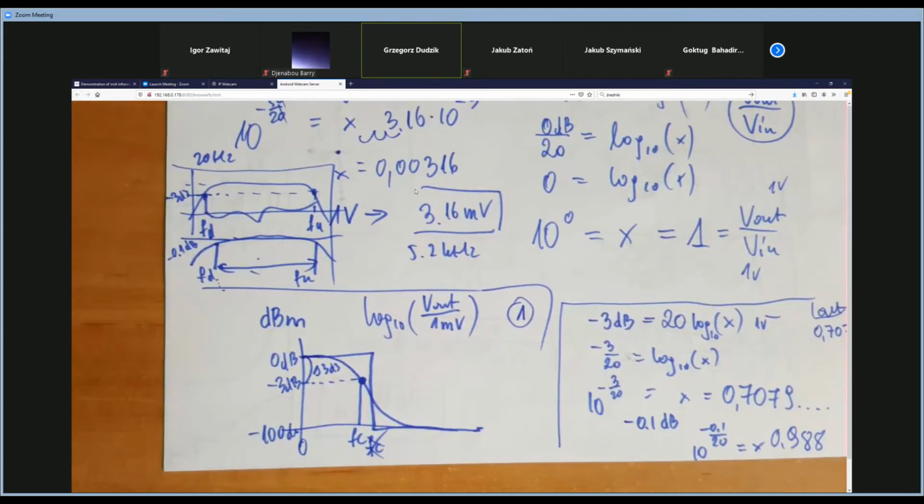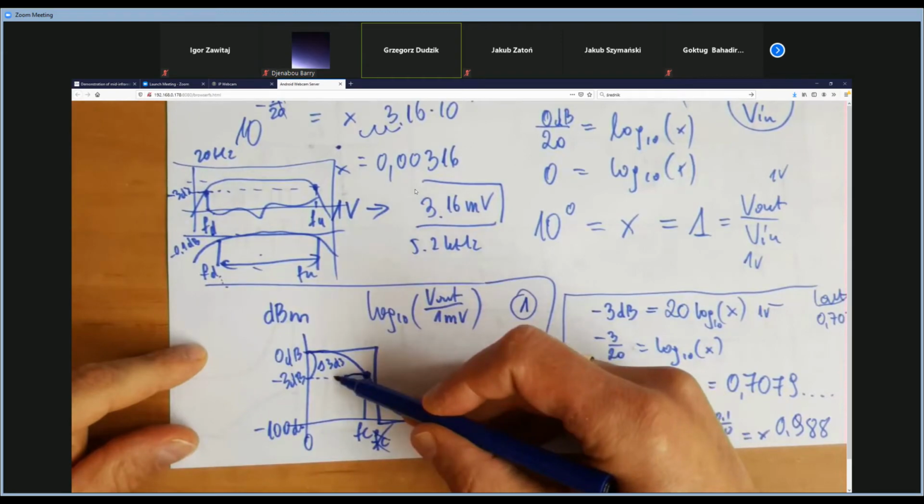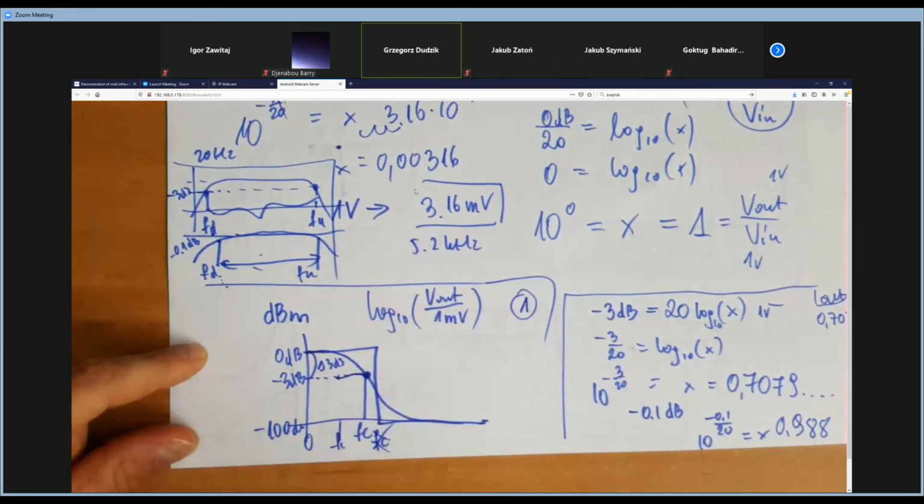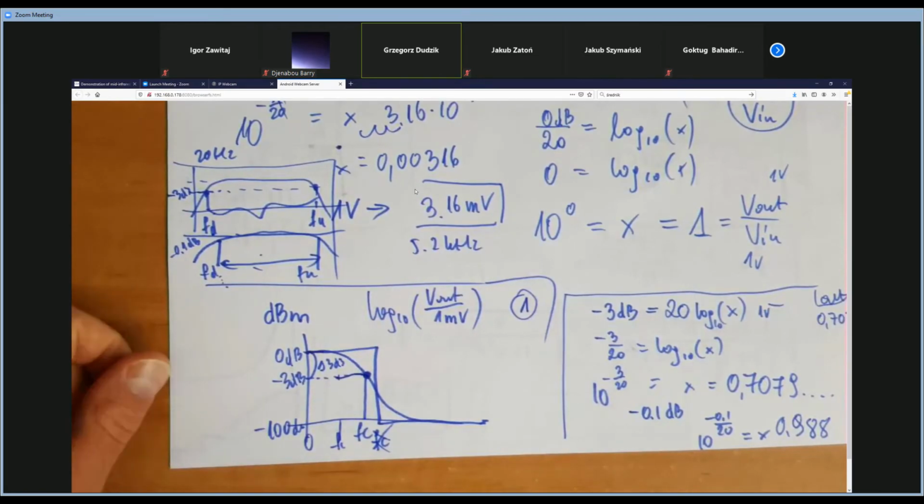So here we have to use rather huge capacitance to decrease this point, the FC, to very, very low frequencies, a few hertz, for example 10 hertz.